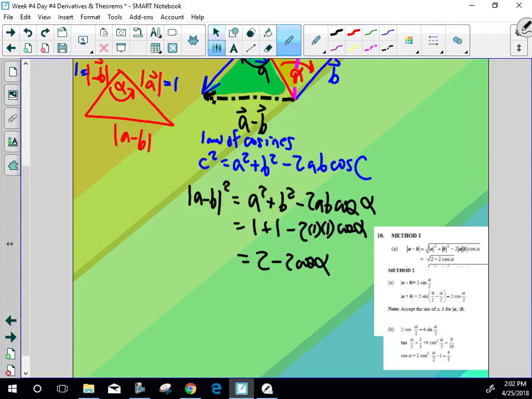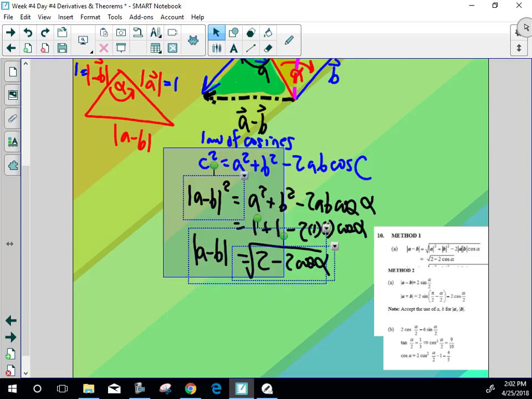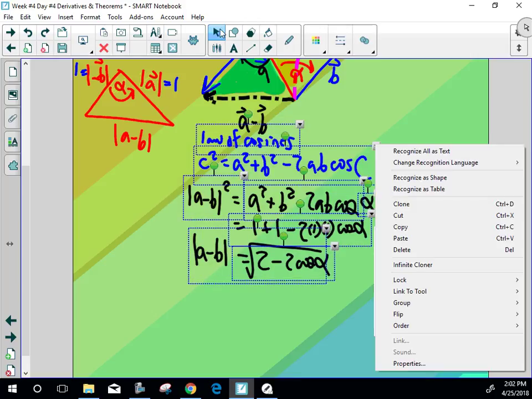And if I take the square root of both sides, I'm going to get the magnitude of A minus B is equal to the square root of 2 minus 2 cosine alpha. What do you think, Max? Is that all right?